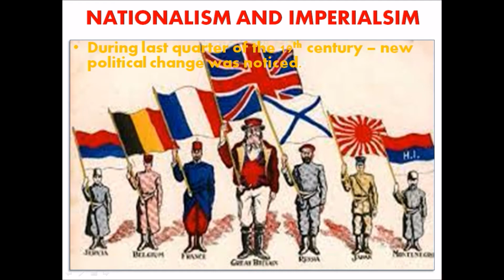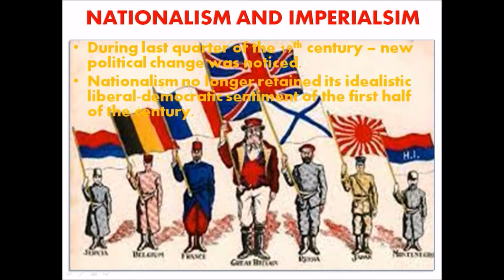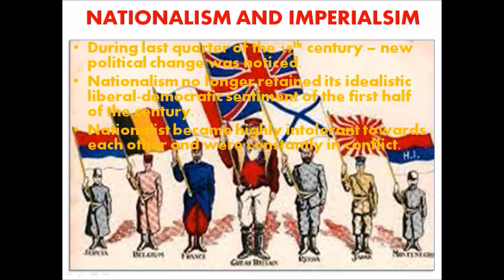During the last quarter of the 19th century, a new political change was noticed. Nationalism no longer retained its idealistic liberal democratic sentiment of the first half of the century. Nationalists became highly intolerant towards each other and were constantly in conflict.